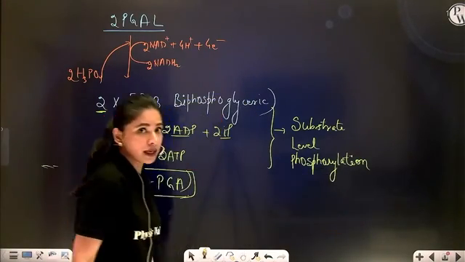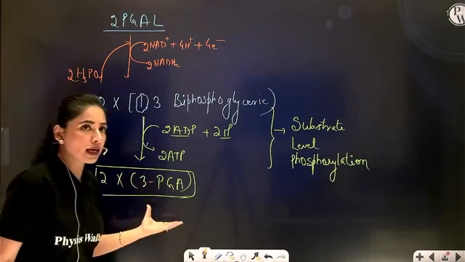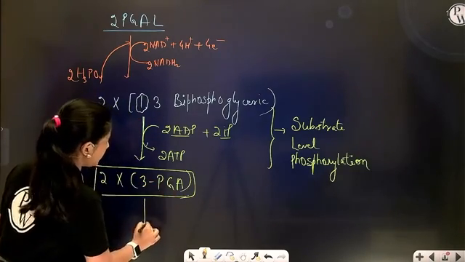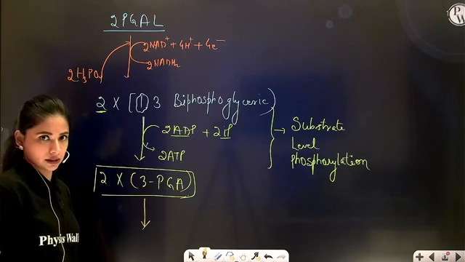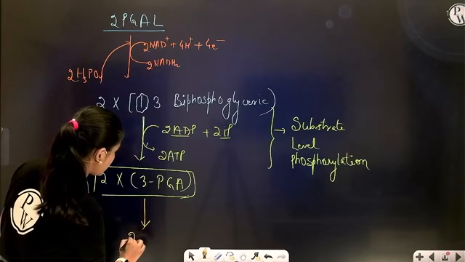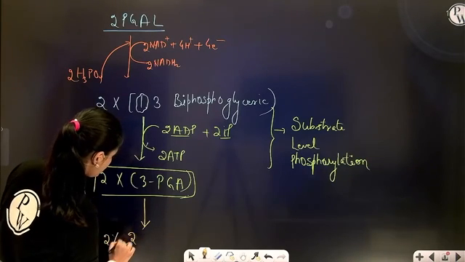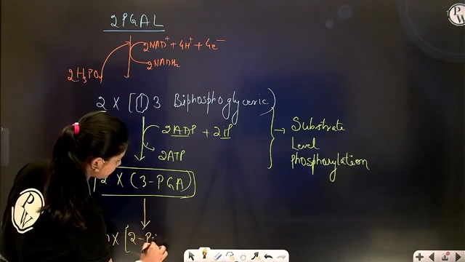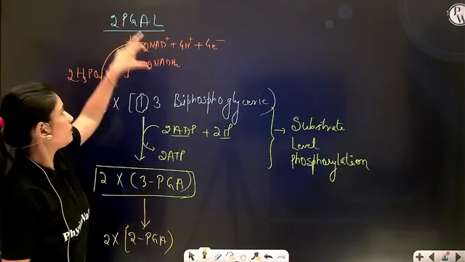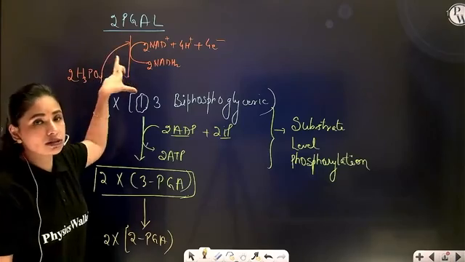Now, after obtaining 2 molecules of the 3 carbon compound 3-phosphoglyceric acid, the next step will be rearrangement. 3-phosphoglyceric acid will convert into 2-phosphoglyceric acid. Okay, one enzyme I forgot to tell you, the enzyme required in this oxidation step.